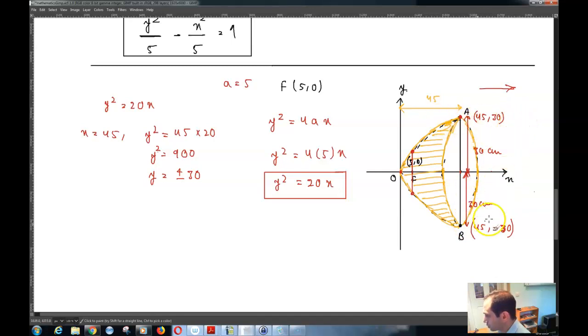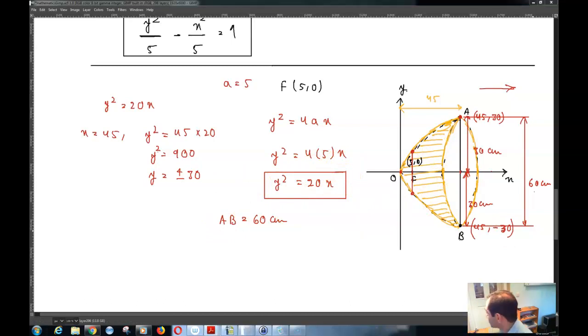So the whole distance from here up to here becomes 60 centimeter. So that means that AB is equal to 60 centimeter. That's how you would solve this problem.